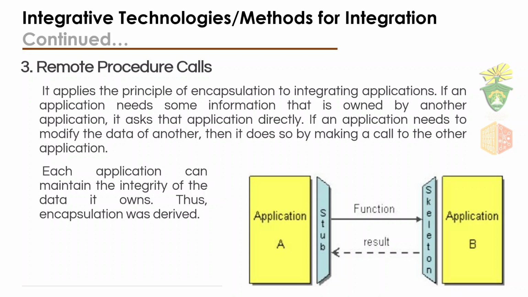The stub is like a proxy of application B, as if application B is actually within application A. So that's the idea: it is the proxy of application B. Whenever application B calls a function, you can think of that particular function as being in application A, but it is not.